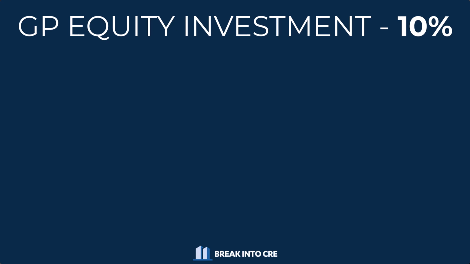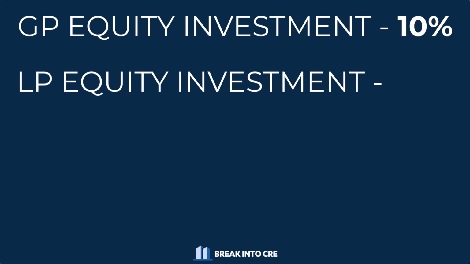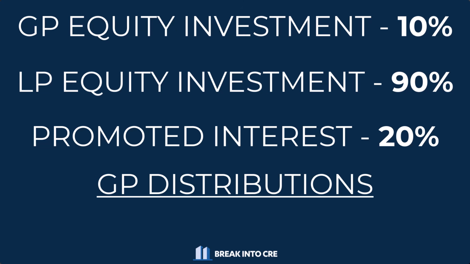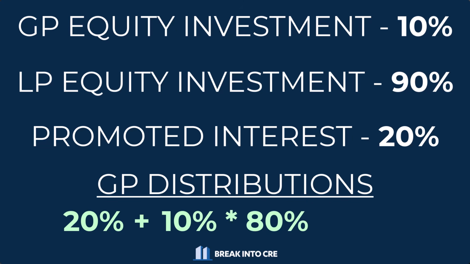And to calculate cash flow distributions at this point, to go back to the example we used earlier, with a 10% equity contribution from the GP, a 90% equity contribution from the LP, and 20% promoted interest above that preferred return, once that preferred return is exceeded, the GP would be distributed 20% of all cash flows above this, plus their original 10% share of the remaining 80% of the cash flows, for a total of 28% of distributions above the preferred return.